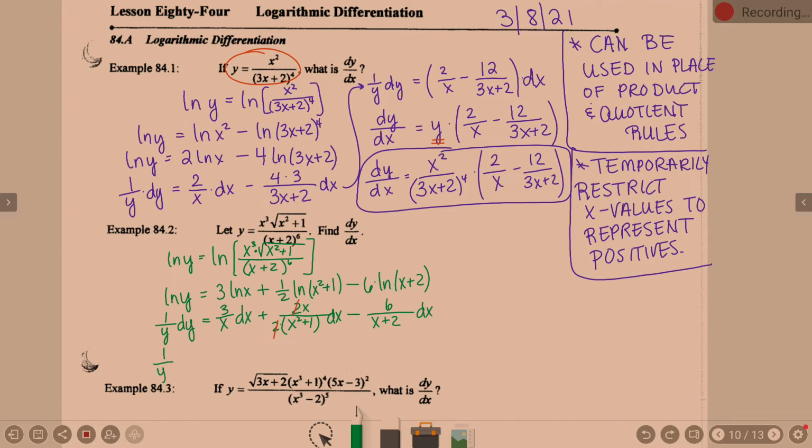So I'm going to say 1 over y dy. And let's see, I'm going to have 3 over x plus, if I cancel those 2's, x over x squared plus 1 minus 6 over x plus 2 in my parentheses, and that's all times dx.